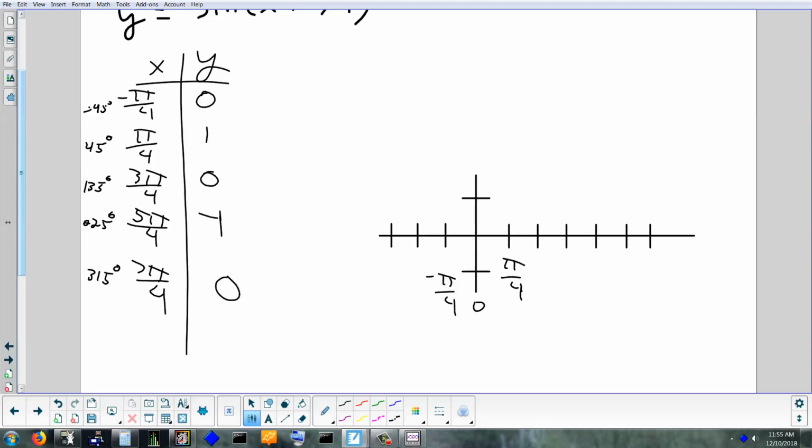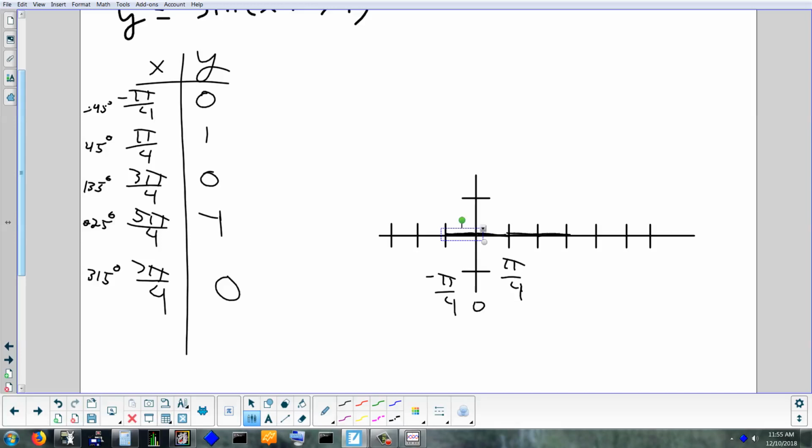We do have to skip, because in degrees, how much is that section worth that I just underlined? It's worth 45. So what we've done is we've made each section worth 45 degrees. So that's 45, that's 45, that's 45. They're all 45 apart.